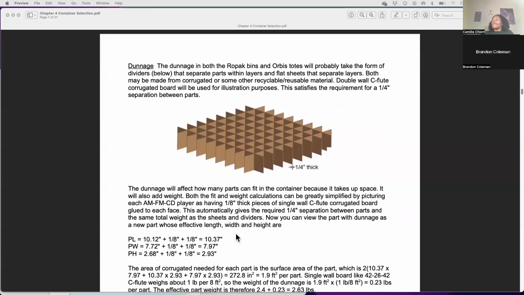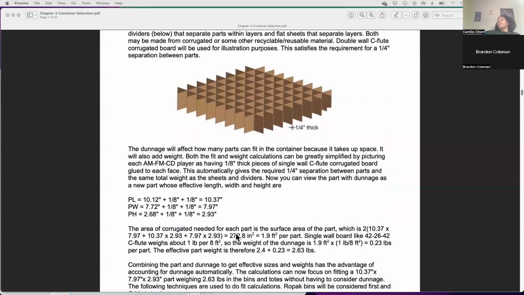Let's see. So this one is telling you how many parts you can fit into this container. I think I'll probably get more into this tomorrow. I'll go through this again, but okay, they're simplifying this so that you can do this math here.